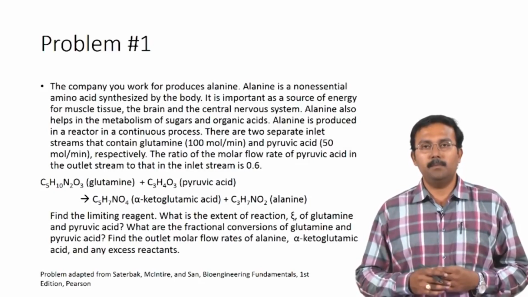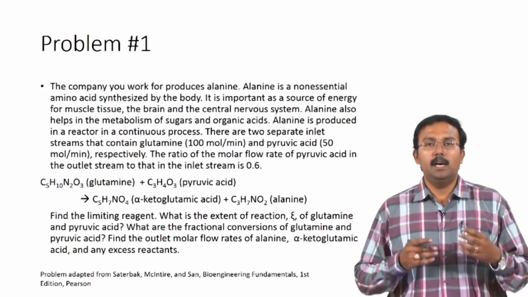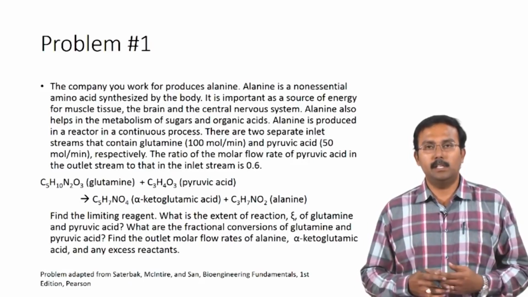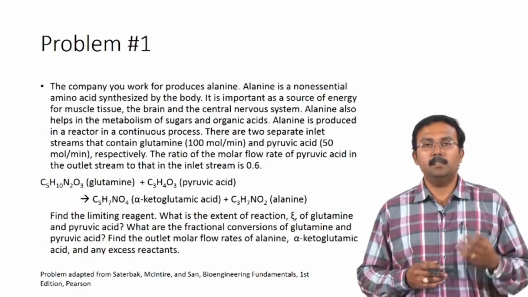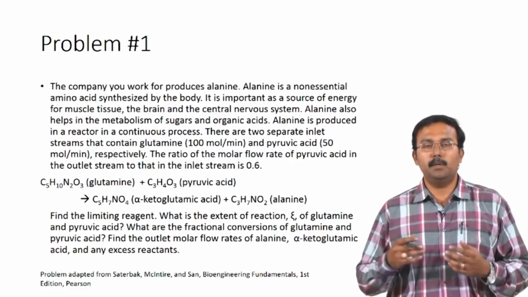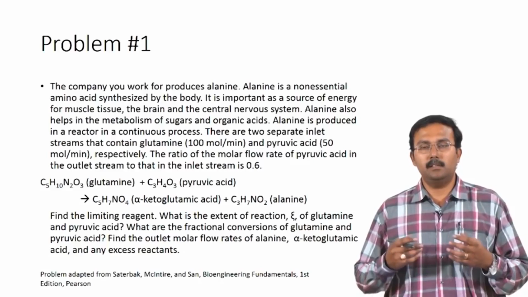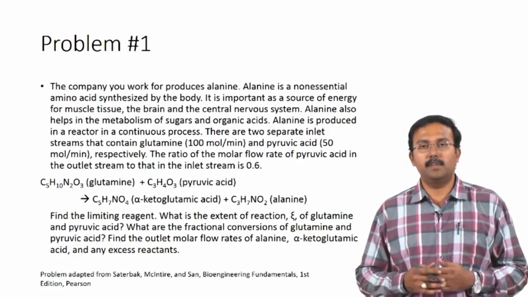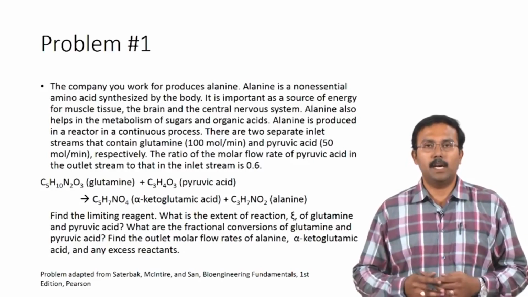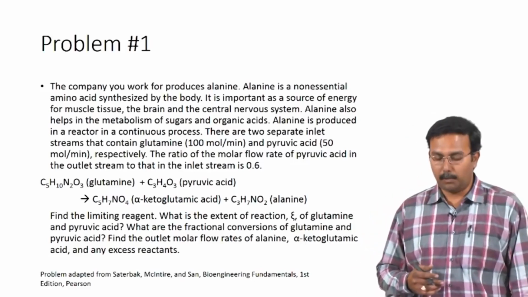So, using this information we now need to calculate how much pyruvic acid is actually consumed, what is the conversion, how much glutamine is consumed and what is the conversion based on glutamine, and we should also calculate the composition of the exit streams and the extent of reaction. Let us go ahead and try to solve this problem.